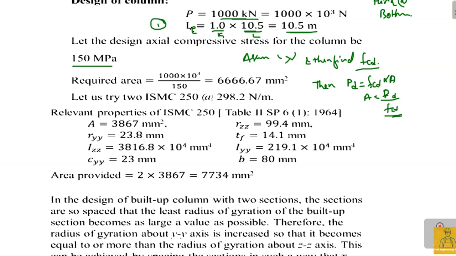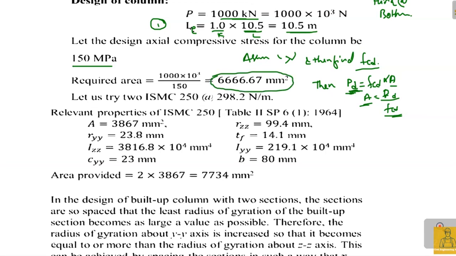This is a way. And we assume lambda between 30 to 60, find out FCD from table 9C of IS 800, and after getting FCD, multiply that value with the area. That will give you the PD, but PD is already given in the question, right? 1000 kilonewton. So that is the load this column has to take. So you can calculate what is the area.